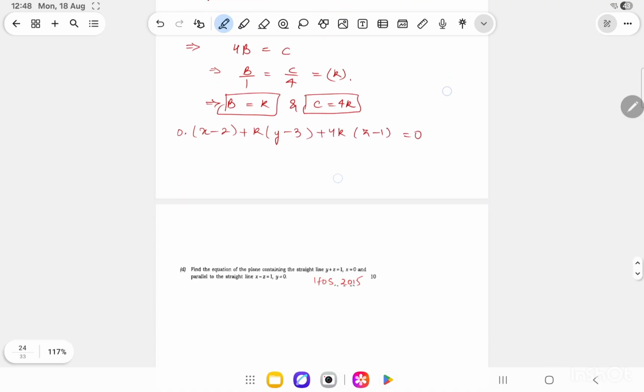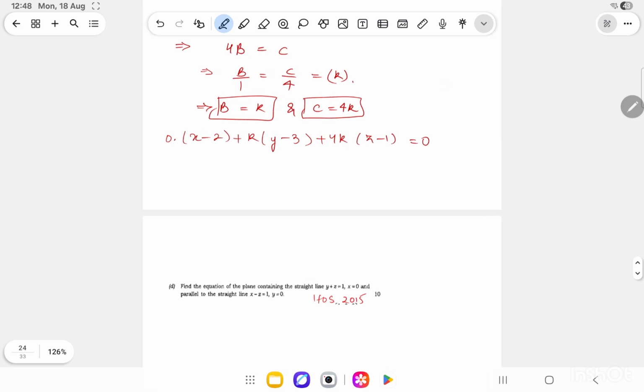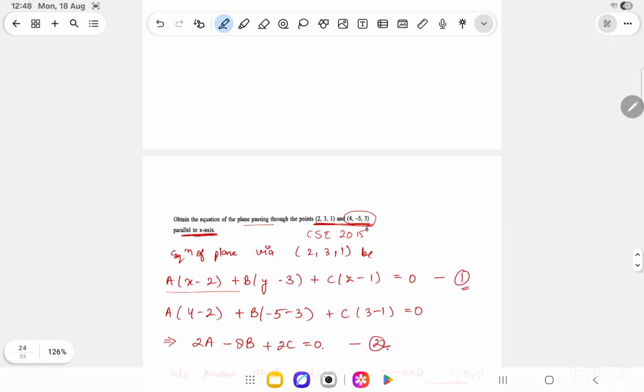If we simplify this, we'll get y minus 3 plus 4z minus 4 equals 0. So we get y plus 4z minus 7 equals 0. This is the required equation of the plane which is passing through these 2 points and parallel to the x-axis.